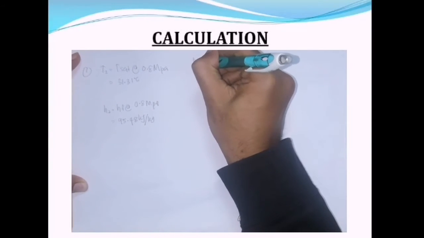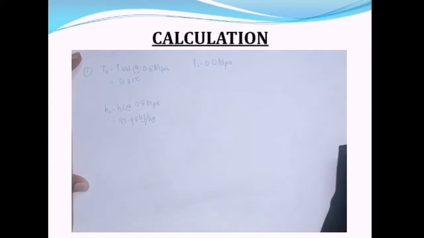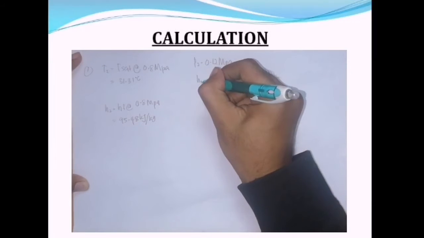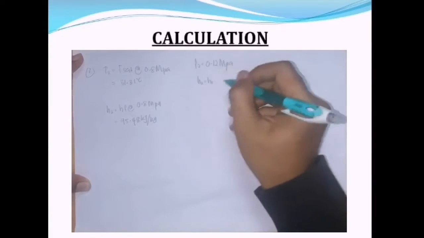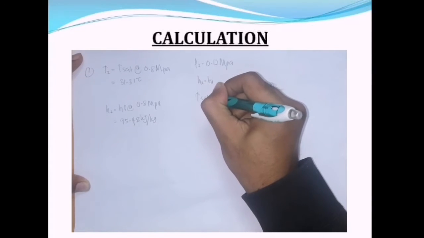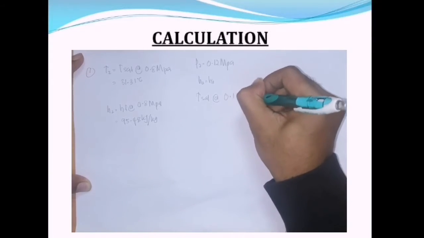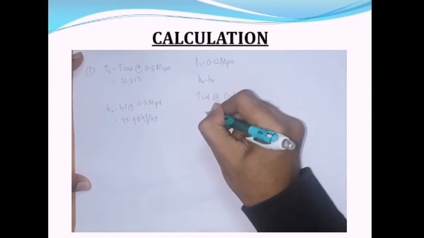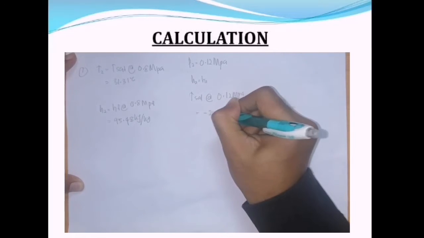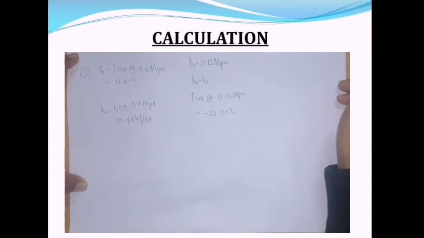Then we go to P2 is equal to 0.12 MPa. So for this, h2 equal to h1. T saturated at 0.12 MPa, you can see in this table, it will be negative 22.32 degrees Celsius.